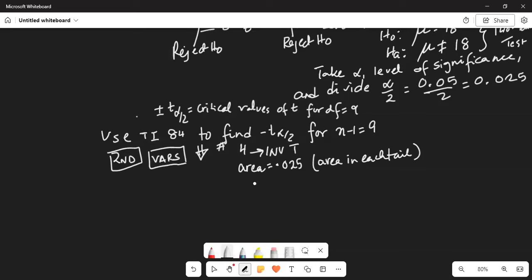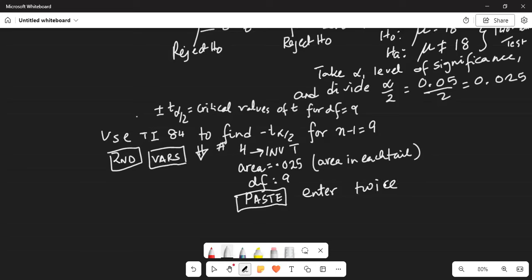Then it asks for degrees of freedom. We already know it is 9, so type 9. Then you go down to Paste, which means bring the cursor on Paste and hit enter twice.